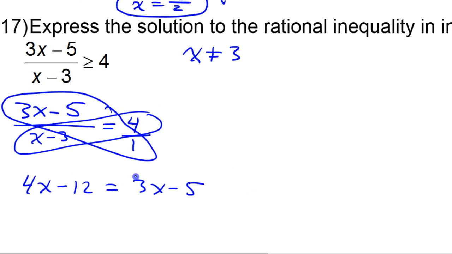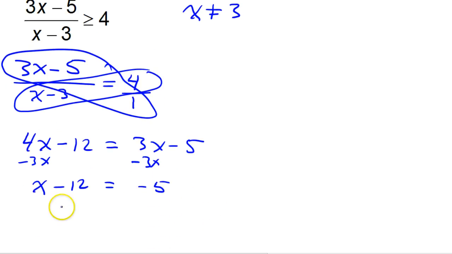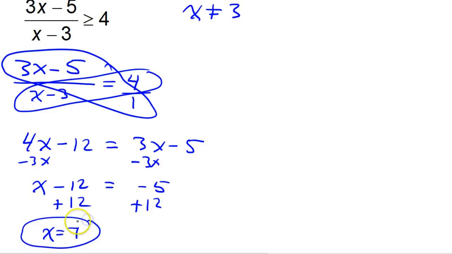So I see x's on both sides. Let's subtract 3x. That'll give me x minus 12 is equal to negative 5. Now let's add 12 to both sides. That'll give me x equals 7. That's another critical value. So I have x cannot equal 3 or x equals 7.